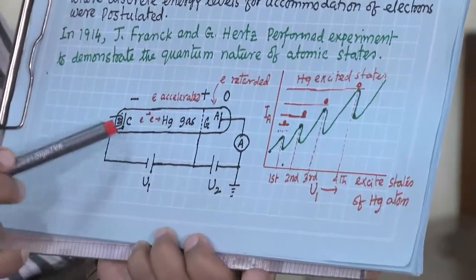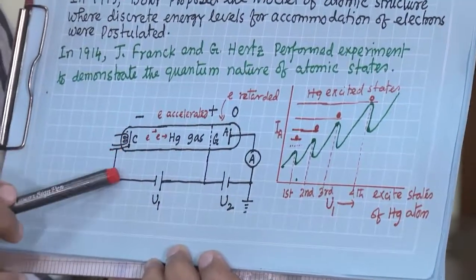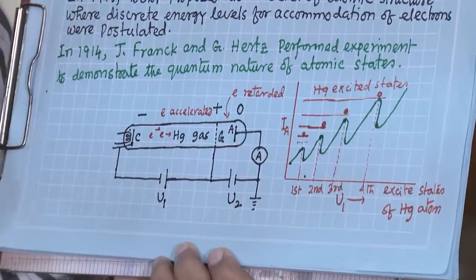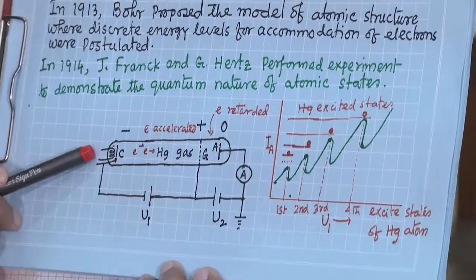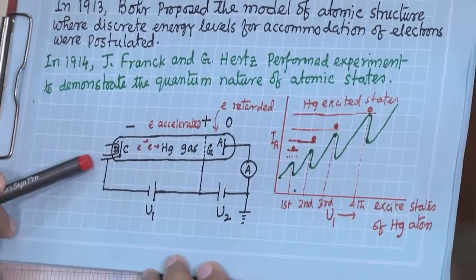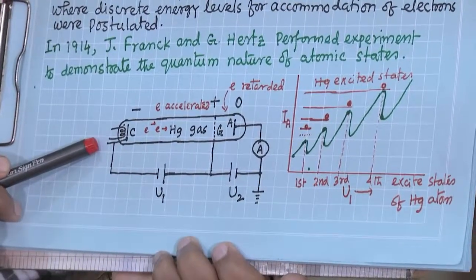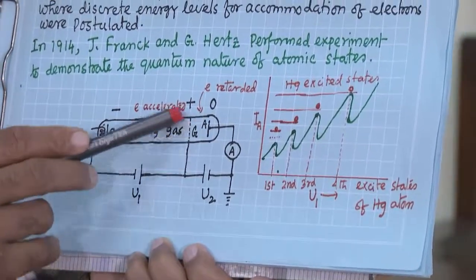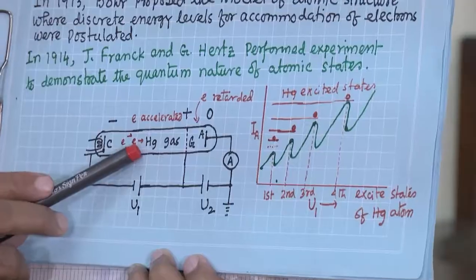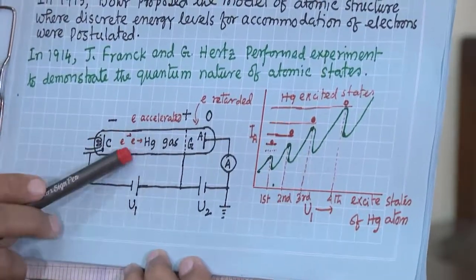In this tube there is a cathode which will emit electrons. This cathode is heated with a heater; I have drawn the filament here. Now electrons will be emitted.